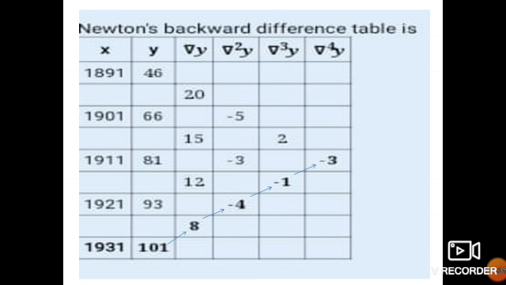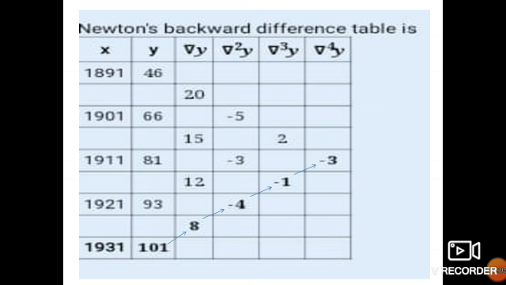In the difference table, the x values and y values are given in the question. We are going to find the first differences. The first difference is calculated by 66 minus 46, which is 20, and 81 minus 66 is 15. 93 minus 81 is 12, and 101 minus 93 is 8.